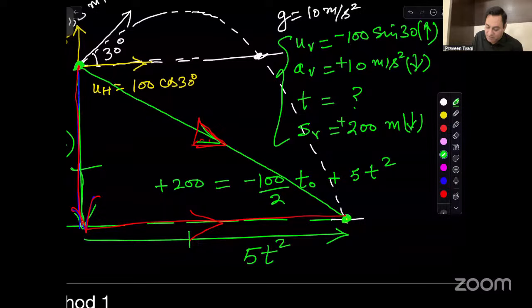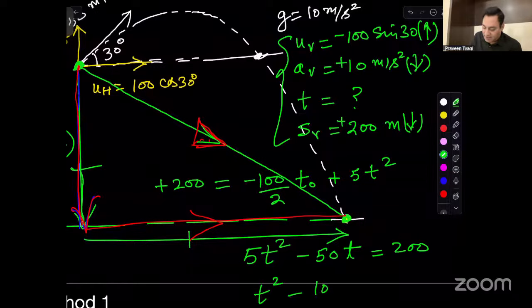Quickly solve: 5t² - 50t = 200. So 5 gets cancelled: t² - 10t - 40 = 0.